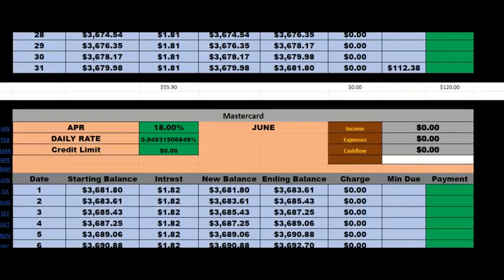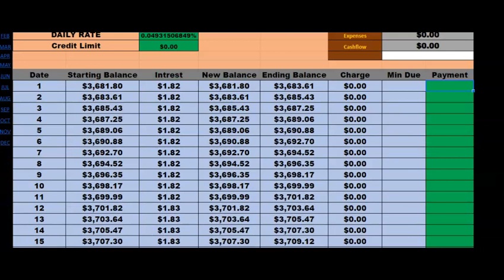In June, we had $412.52 left over. As soon as we paid the other credit card off, when we come to make this payment in June, we'll do the $120 plus the extra $412.52 that we had left over. So this payment will be $532.52.